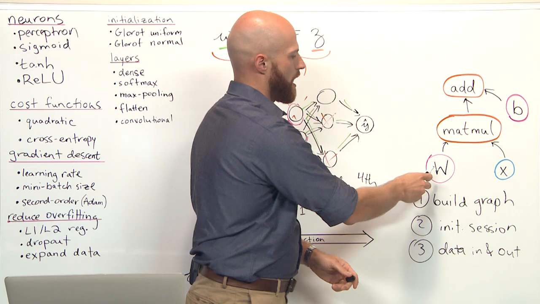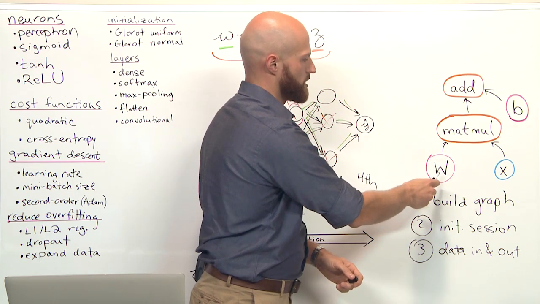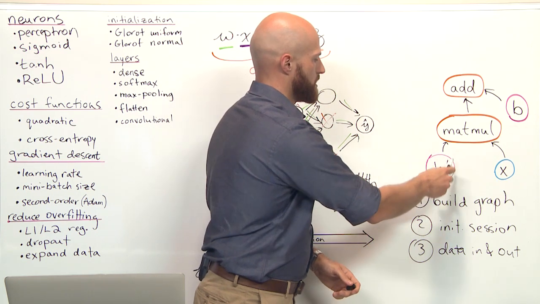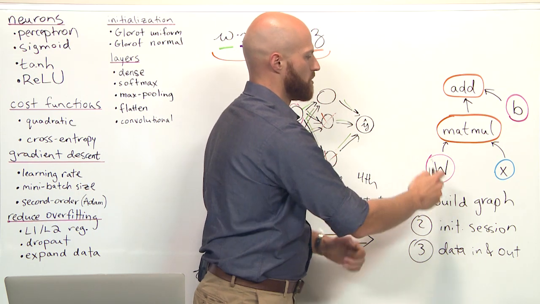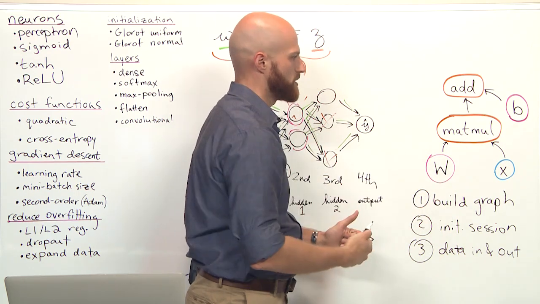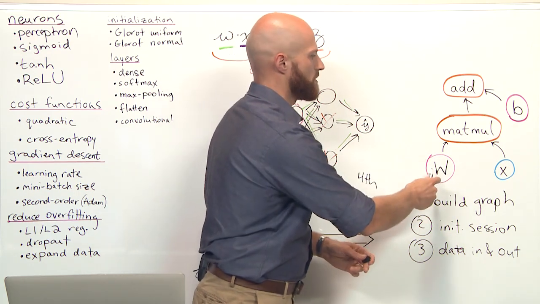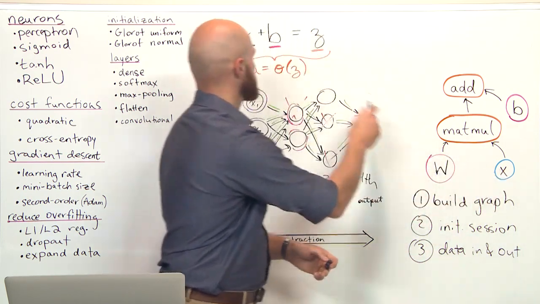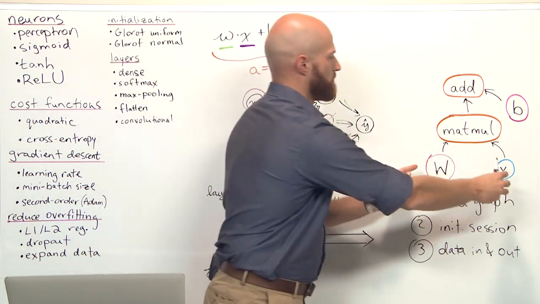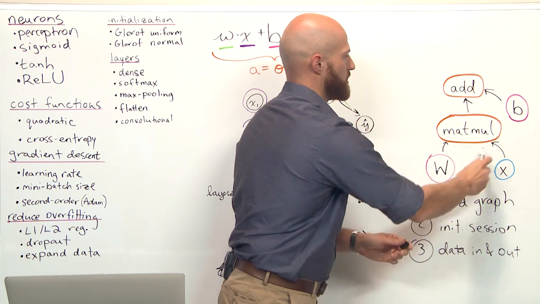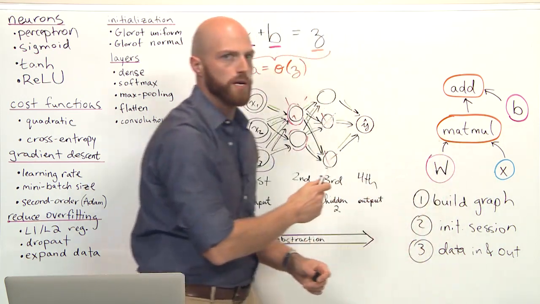We have our weights matrix here, and that is a variable that will hold state over multiple iterations of the TensorFlow graph. And then we have our placeholder X, and both of those tensors feed into this matrix multiplication operation.